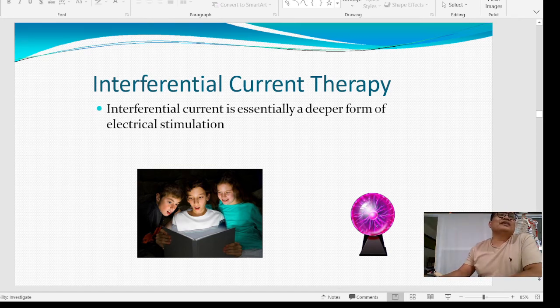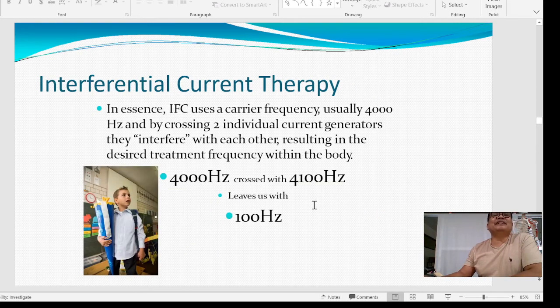Okay. So, in IFC, it uses a carrier frequency. When you say carrier, kanin siya nga frequency may gadala. Okay? By about 4,000 hertz or 4 kilohertz. Okay, 4,000, that is kilo, no? Ang 1,000.